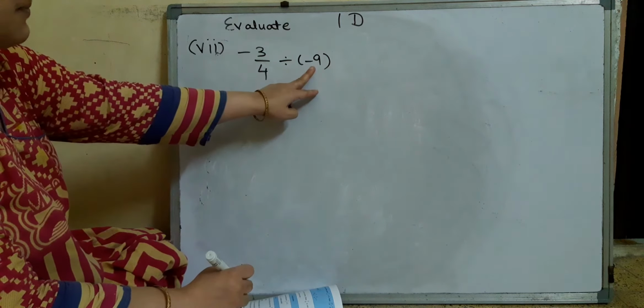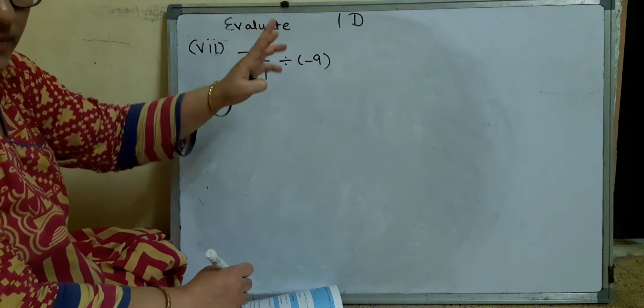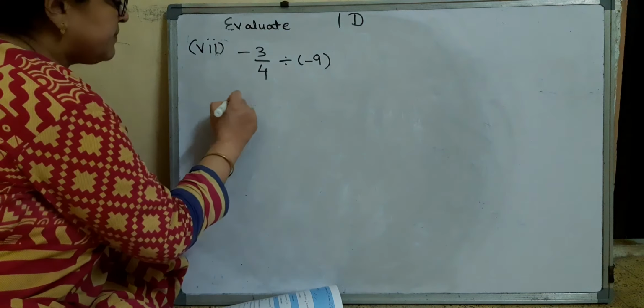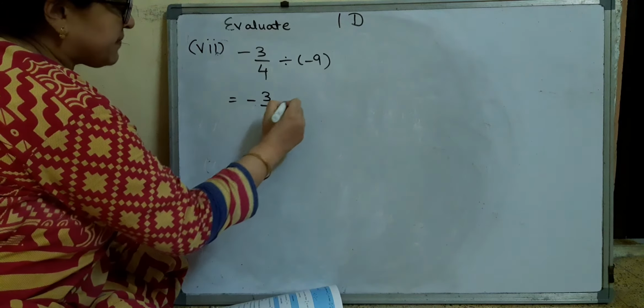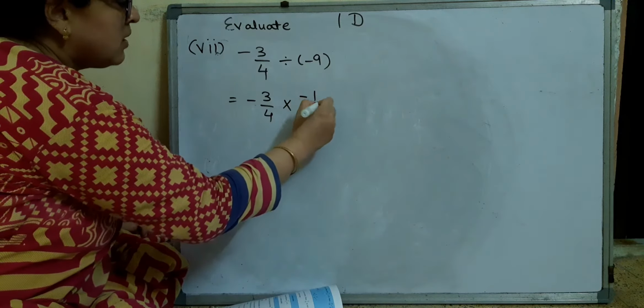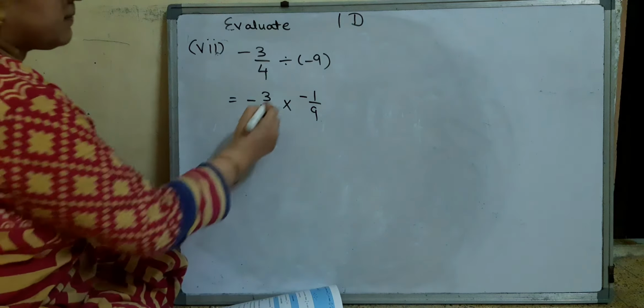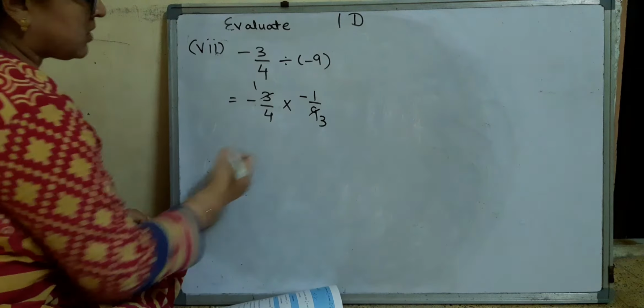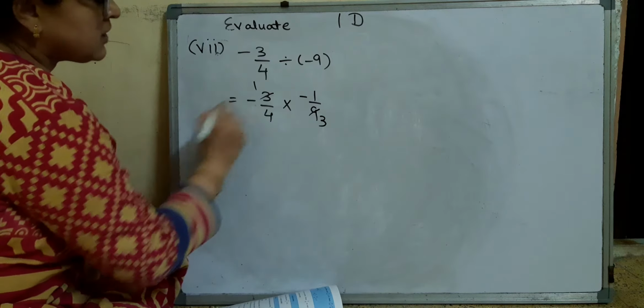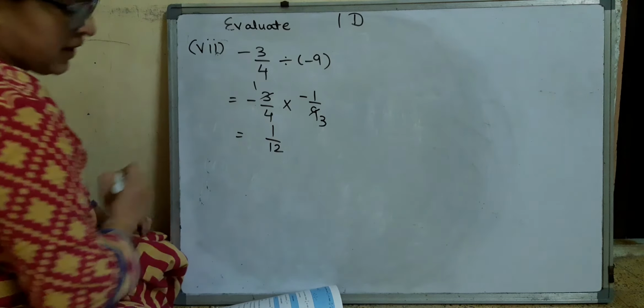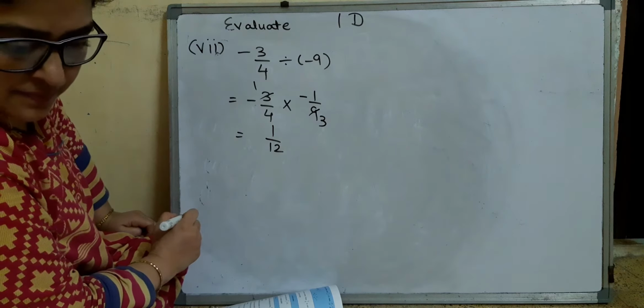Now the reciprocal of minus 9 is minus 1 upon 9. So minus 3 upon 4 multiplied by minus 1 upon 9. 3 1s are 3, 3 3s are 9. Minus times minus is plus, 1 upon 12 is the answer.